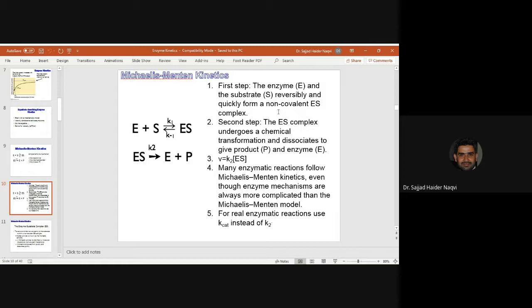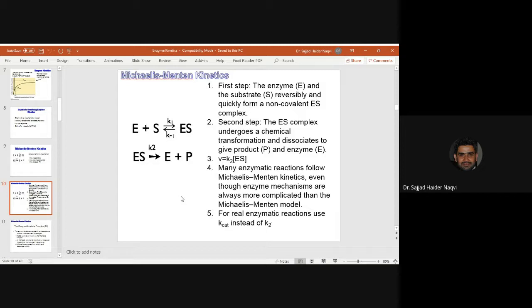That means the enzyme and substrate are not bound with a covalent bond. That's why it's reversible. Second step, the enzyme substrate complex will now undergo a chemical transformation, and as a result of that chemical transformation, it dissociates to give the final product P, and the enzyme is free. So two steps are clear, and I think these two equations are pretty much the same as I explained.